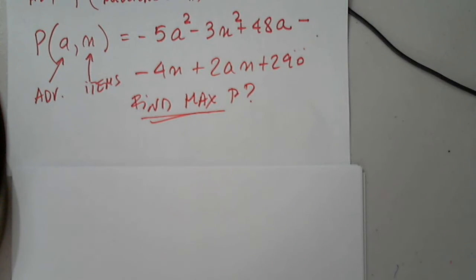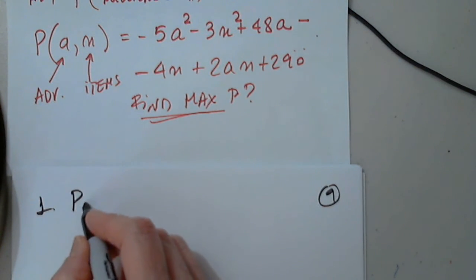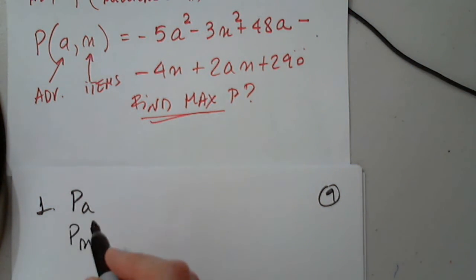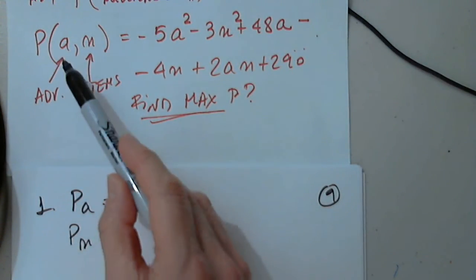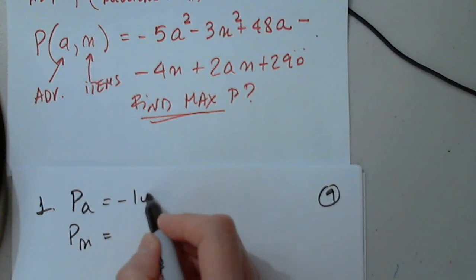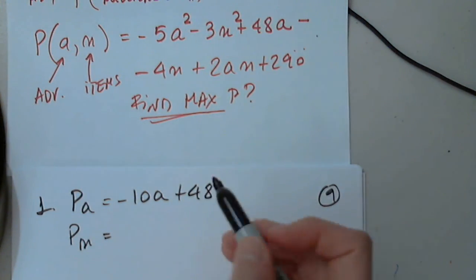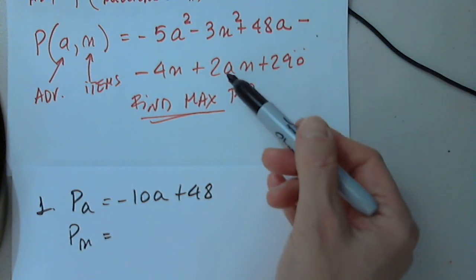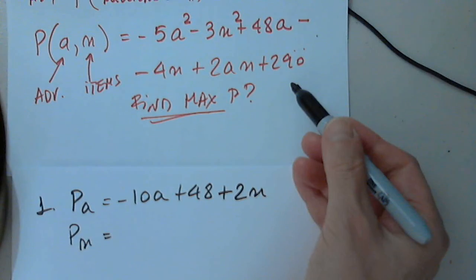First step. This is page 9. In step number 1, I need PA and I need PN. PA, I differentiate with respect to A. Negative 10A. Nothing. 48. Nothing plus 2n. Nothing.